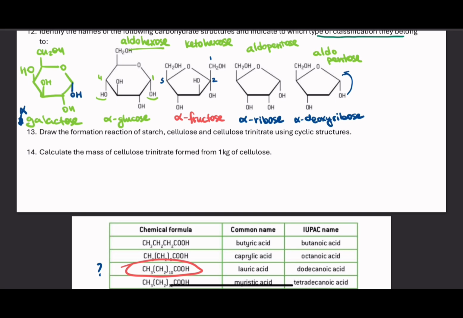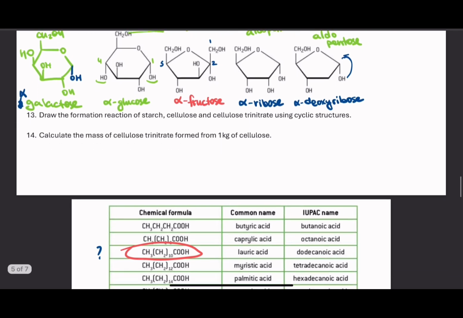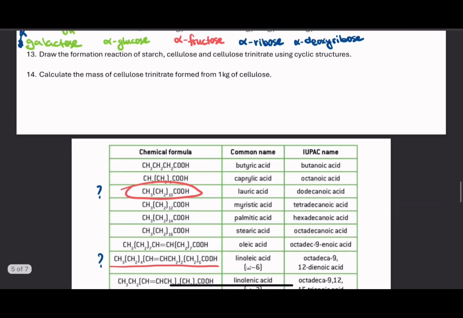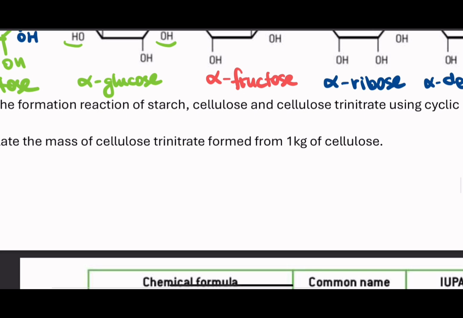Now question 13 is asking us to write the formation of starch, cellulose, and cellulose trinitrate using the cyclic structures. So I'm going to start with the starch. I want you to pay attention carefully because they look very similar, but they are actually different. We know that starch is made from alpha glucose, cellulose is made from beta glucose.